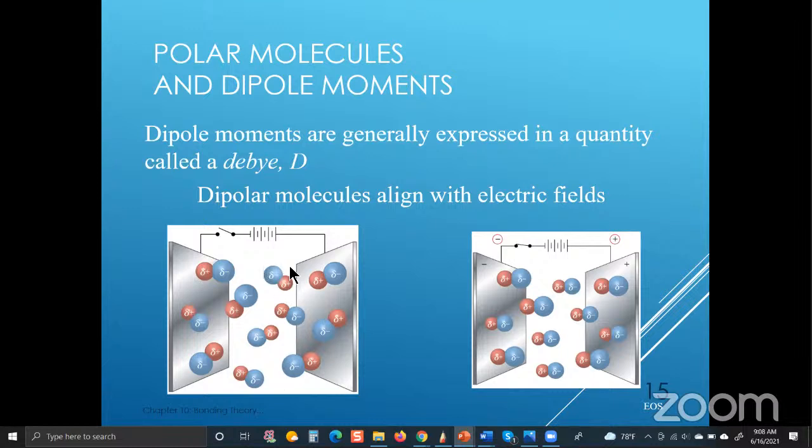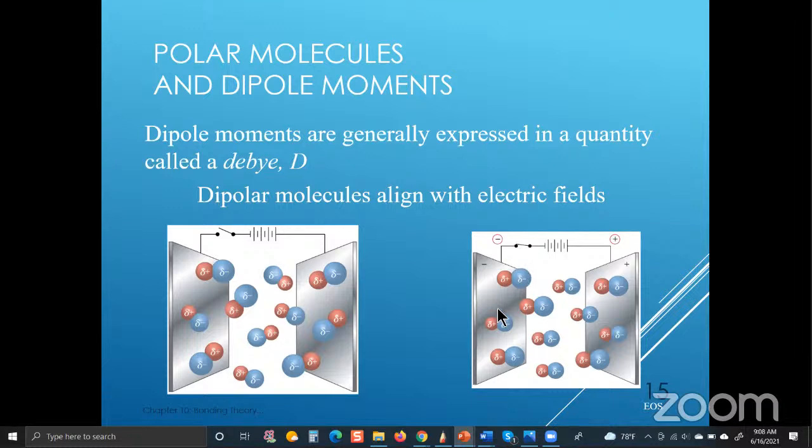By the way, these electrodes are immersed in a substance which has polar molecules. Before you close the switch, the molecules are aligned randomly, pointing in different three-dimensional directions.